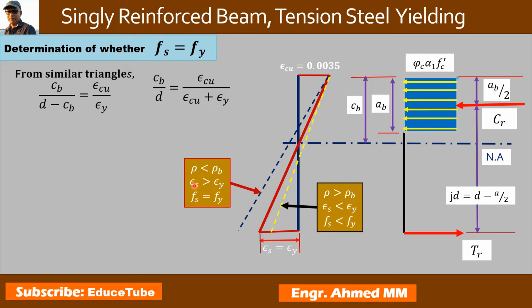Strain in the steel is greater than yield strain. As well, stress in the steel is equal to yield stress, Fs equals Fy. This is our condition for getting tension steel yielding.